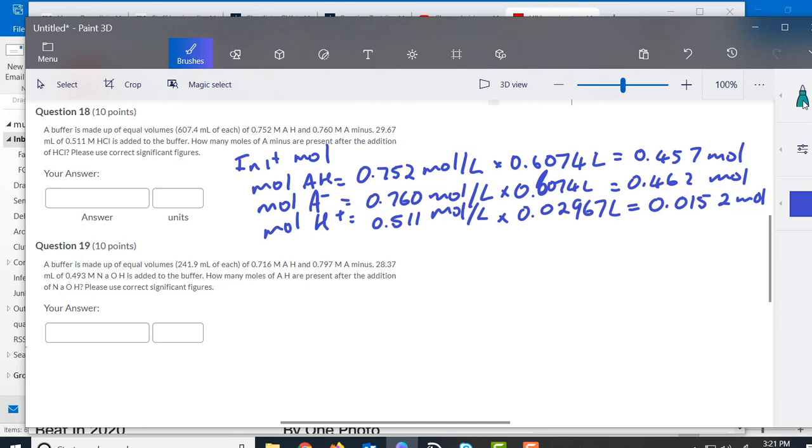Now, in order to get the reaction moles, and we're just interested in the moles of A- here, the moles of A- will equal the initial moles of A- minus the initial moles of H+.